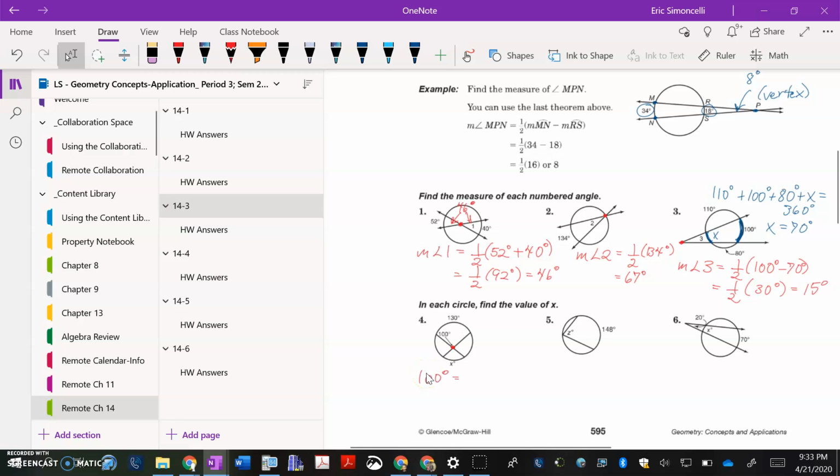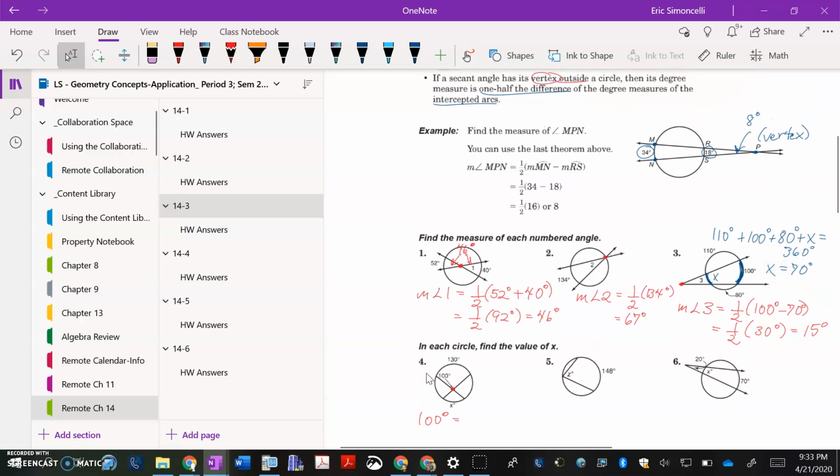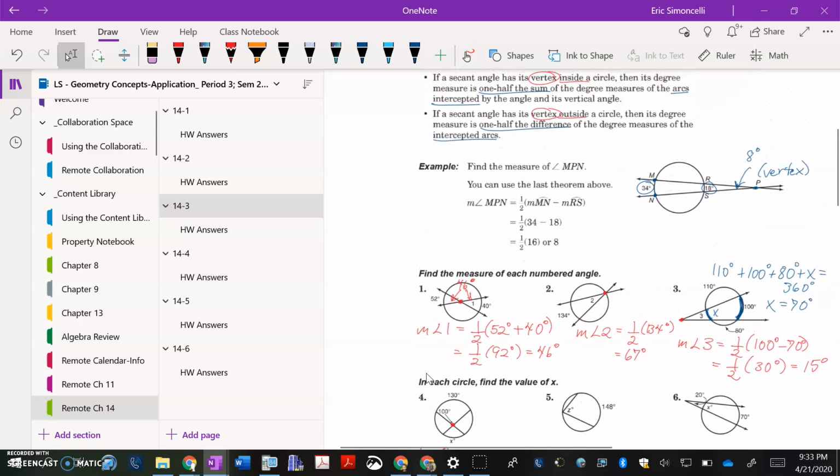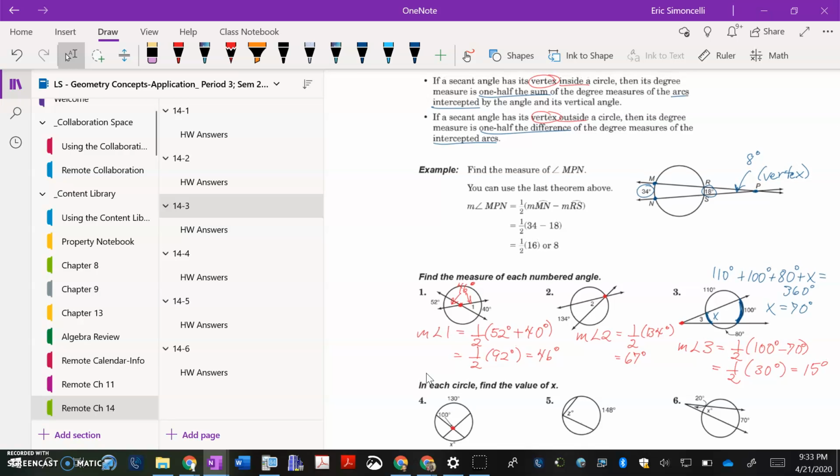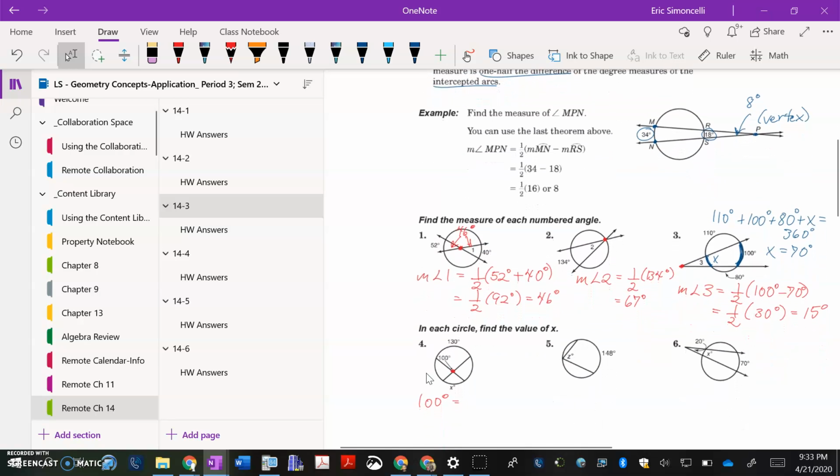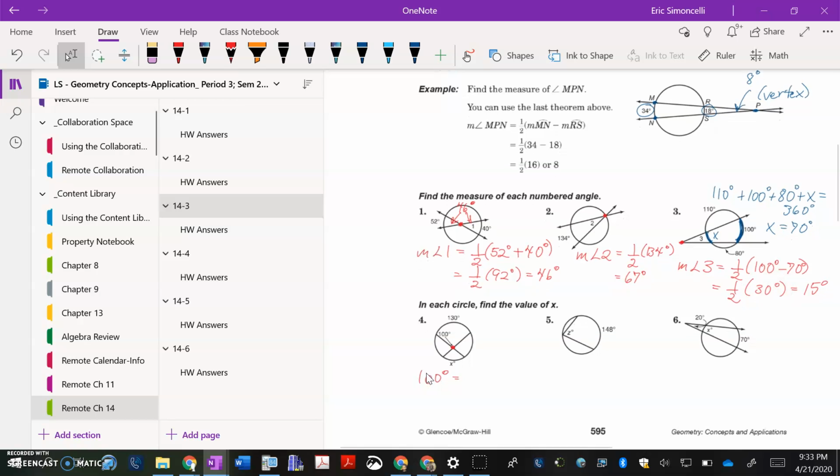So the formula goes as such. If the angle's inside, I'll go back to theorem 1 up above. If it's inside, you'll take 1/2 the sum of the 2 arcs added together. So 100 should be equal to 1/2 the sum of 130 and x. So if we set it up accordingly, even though x is the arc as opposed to the angle that's unknown, that's still okay. We'll be able to solve.